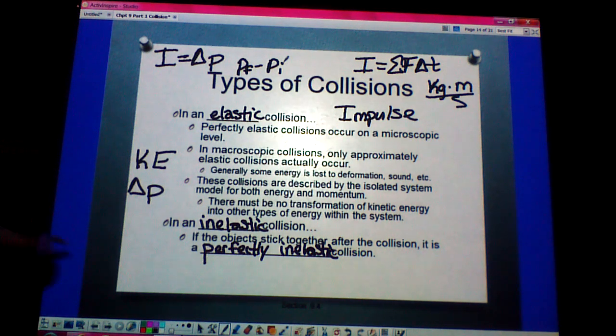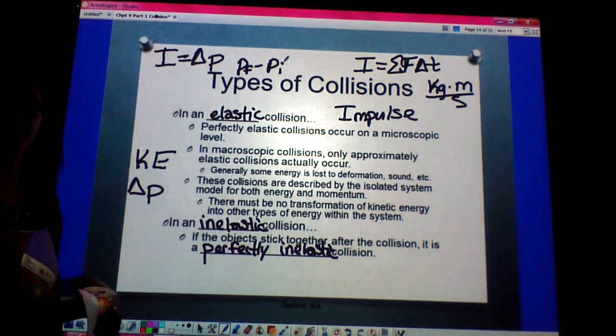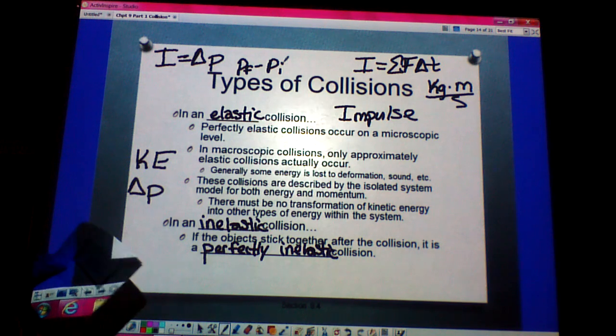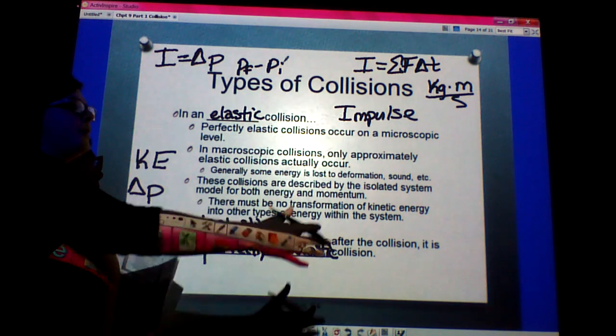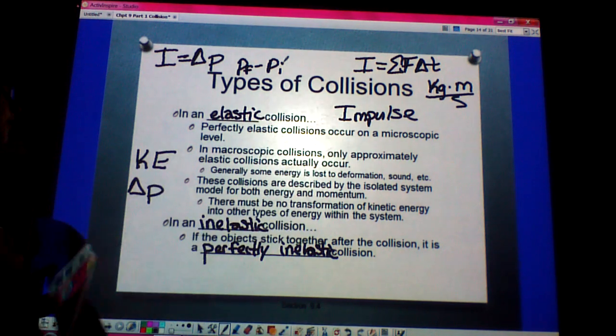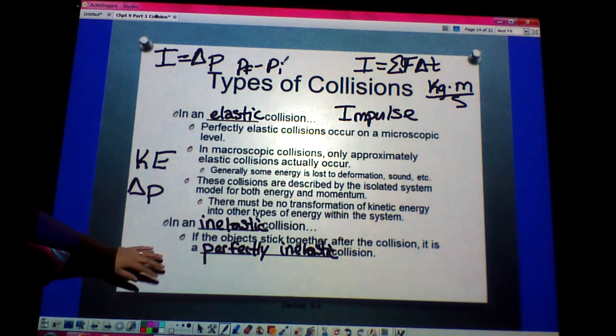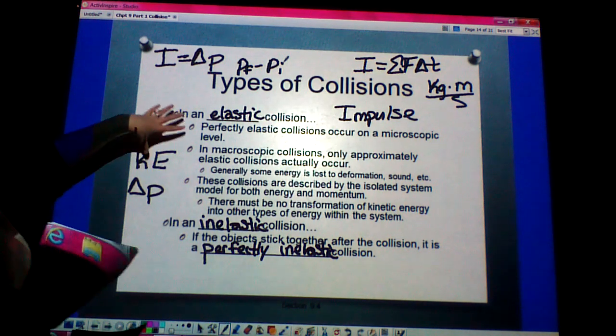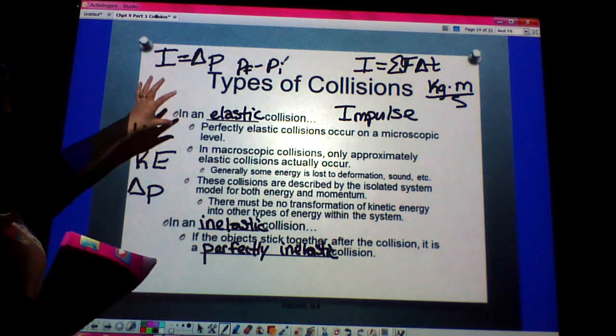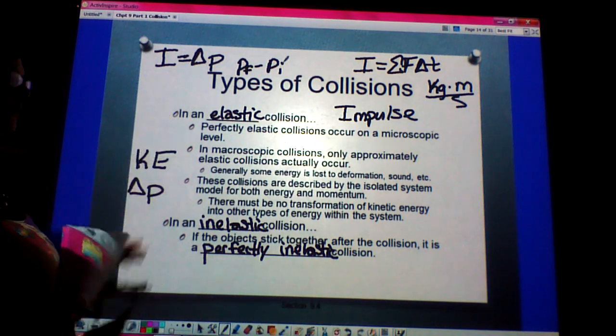In an inelastic collision, some kinetic energy is going to end up being lost, and that could be to sound, to heat, or to matter transfer, like if we're thinking about a car and the bumper gets taken off by the other car. So in an inelastic collision, kinetic energy is not conserved, but momentum is. In an elastic collision, kinetic energy and momentum are both conserved.